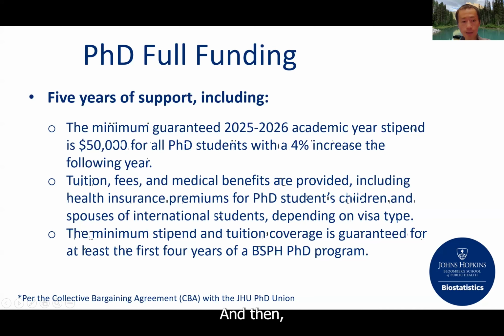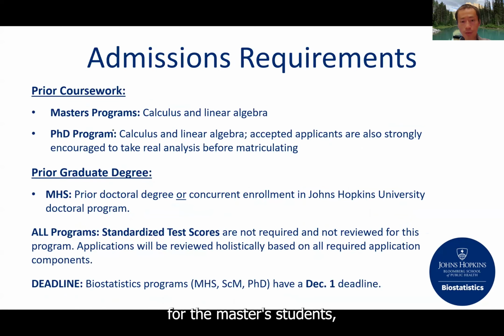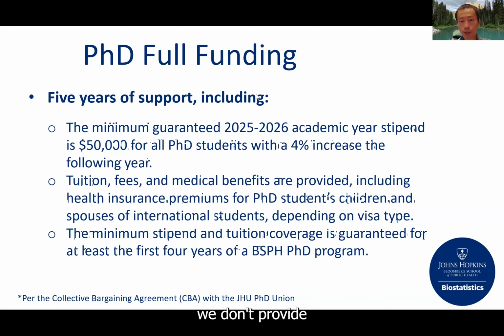For the master's students, we don't provide full stipends and tuition in your offer letter, but practically speaking, we do have a lot of other support. For example, you have a tuition benefit, which means as long as you keep good academic standing, you're going to have a total 75% reduction in tuition split over the 2 years, maybe 50% in one year, 25% in another year.